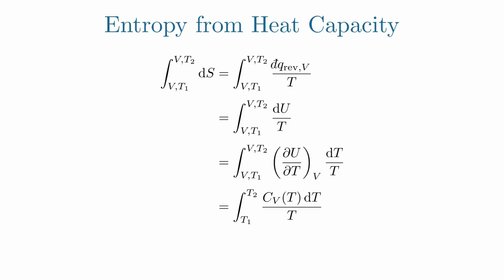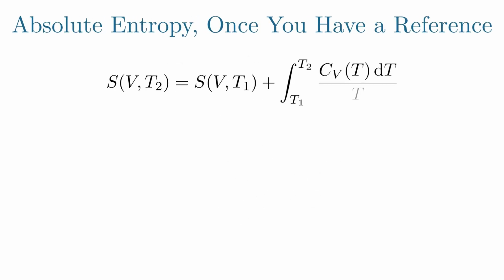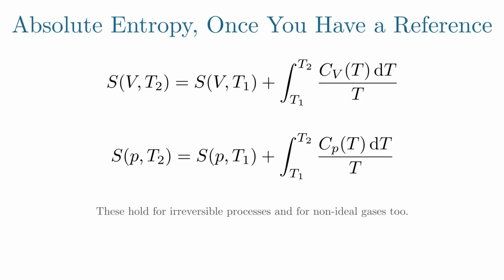So we have the integral from V,T1 to V,T2 of dS equals the integral of đq reversible at constant volume over T, which is the same integral of dU over T, which is the same integral of partial U partial T at constant V times dT over T, which is the same integral of Cv of T dT over T. Thus, we have the entropy at final state point V,T2 equals the entropy at initial state point V,T1 plus the integral from T1 to T2 of Cv of T dT over T.